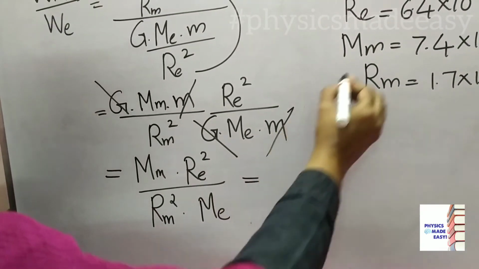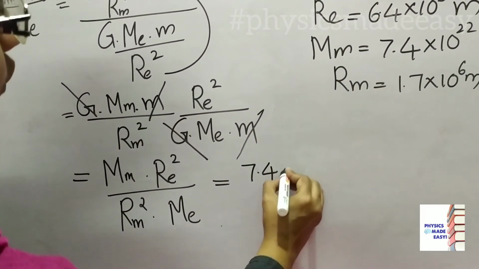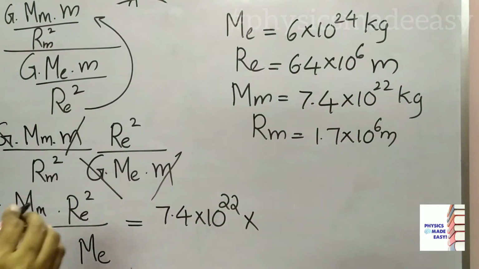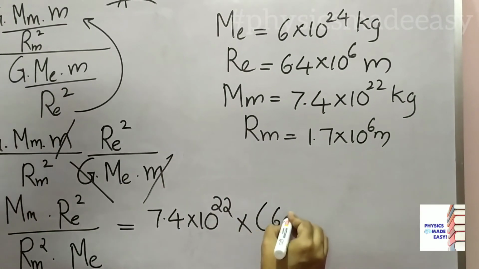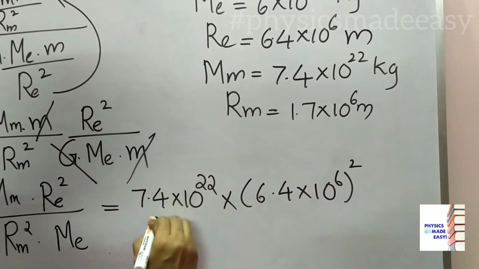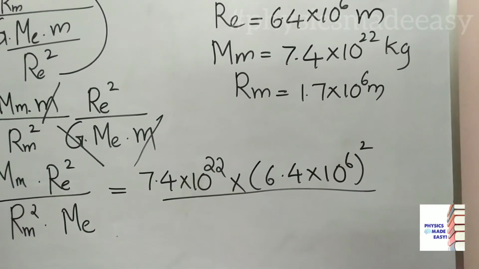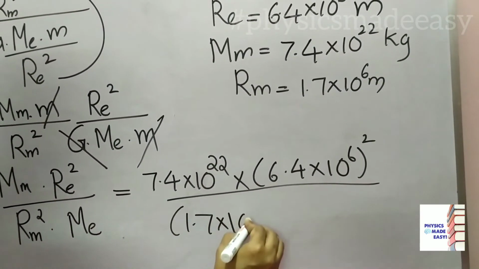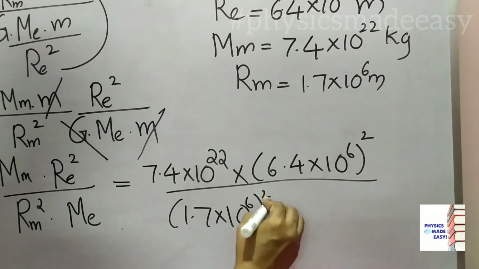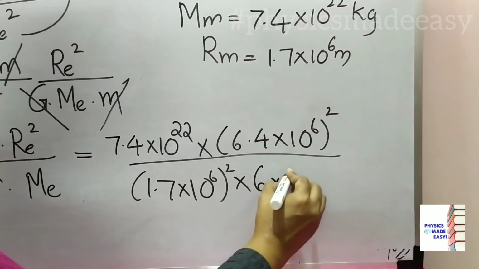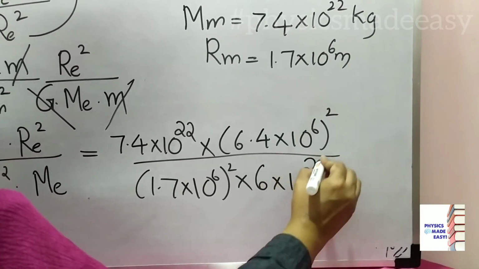Here you can see 7.4 into 10 raised to 22 into Re square, 6.4 into 10 raised to 6, the whole square, the whole divided by Rm, 1.7 into 10 raised to 6, the whole square, into Me, 6 into 10 raised to 24.